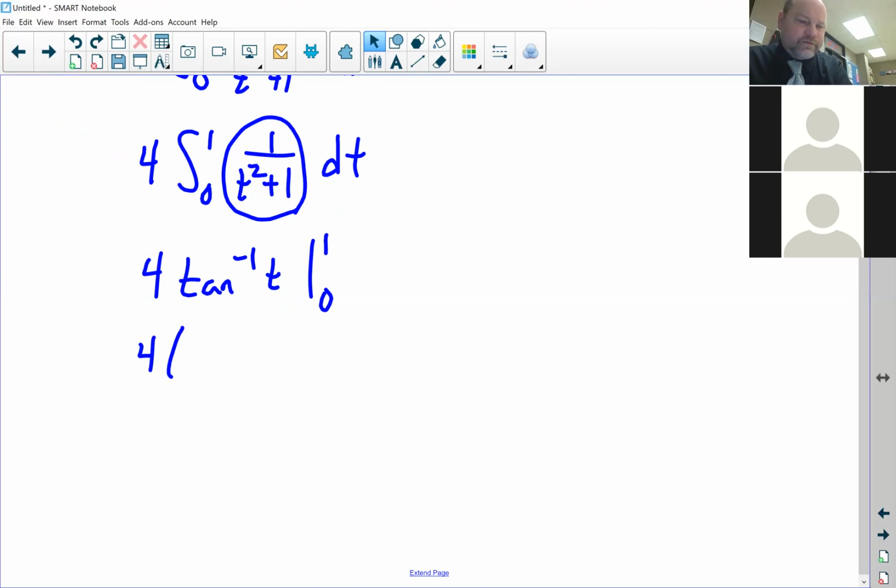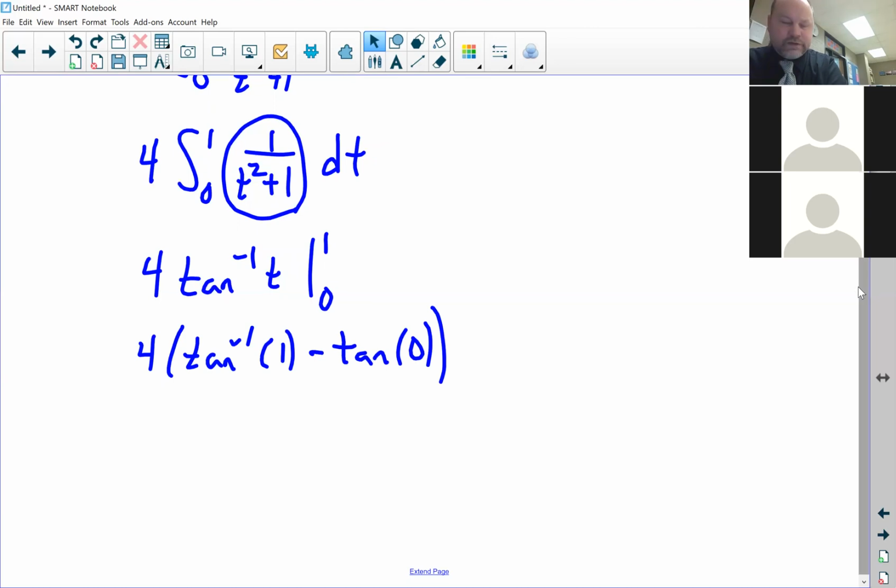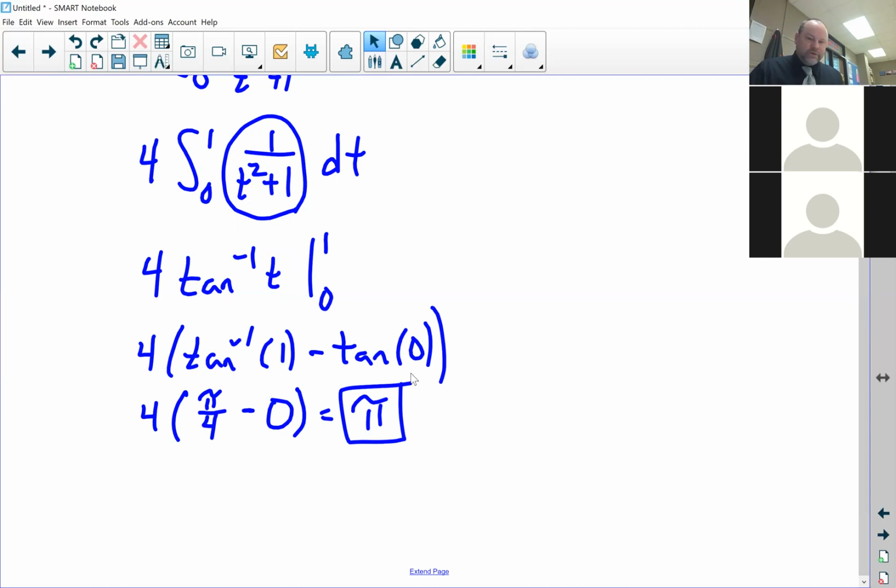So we're going to take the inverse tangent at 1 minus the inverse tangent at 0. And now I have to think about this. Inverse tangent at 1 is pi over 4. And inverse tangent at 0 is 0. So pi would be our answer.